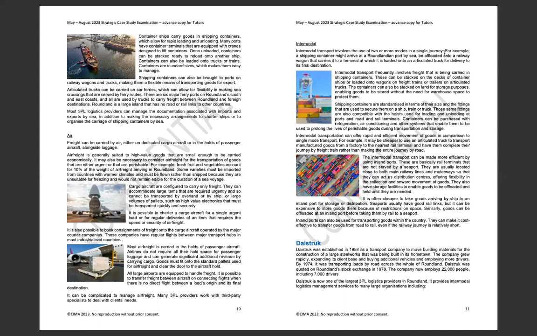We can provide air and road, air and rail, right? For example, a shipping container might arrive at a Roundlandian port by sea, be offloaded into a railway wagon that carries it to a terminal at which it is loaded onto an articulated truck for delivery to the final destination. So we've used rail and road.